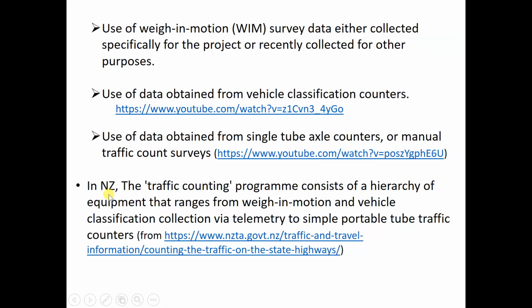Sometimes they put the tube across the lane and count the daily traffic. If they leave it long enough, for 1 year, they can find out the average daily traffic based on that counting, from the device they put across the road. Either one of these: the weigh in motion, or the second one, or the third one.